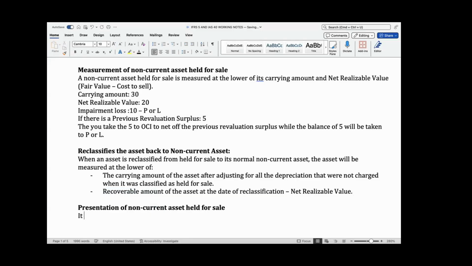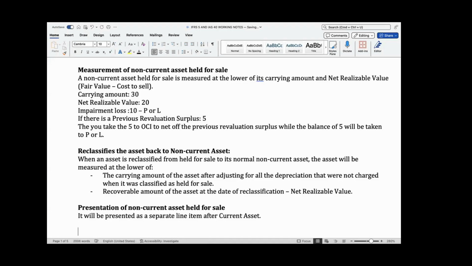It will be presented as a separate line item after current assets. So it doesn't just automatically become a current asset like that.